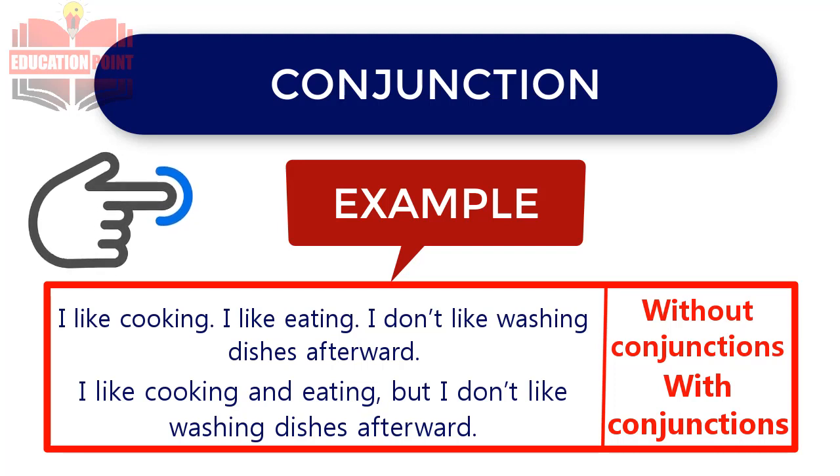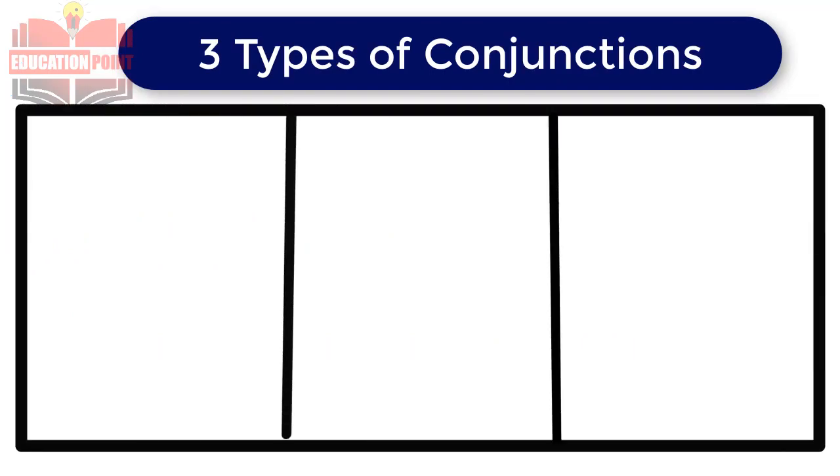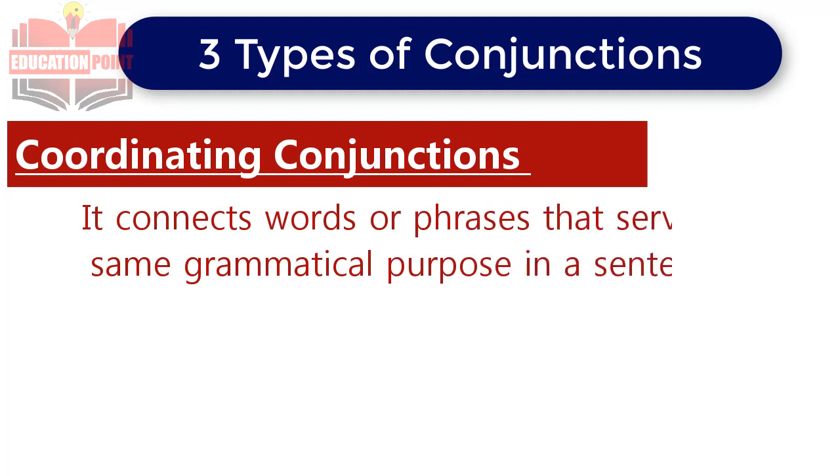Now let's get moving with the 3 types of conjunctions. The first type of conjunction is called coordinating conjunctions. Here you will connect the words or phrases that serve the same grammatical purpose in the sentence.